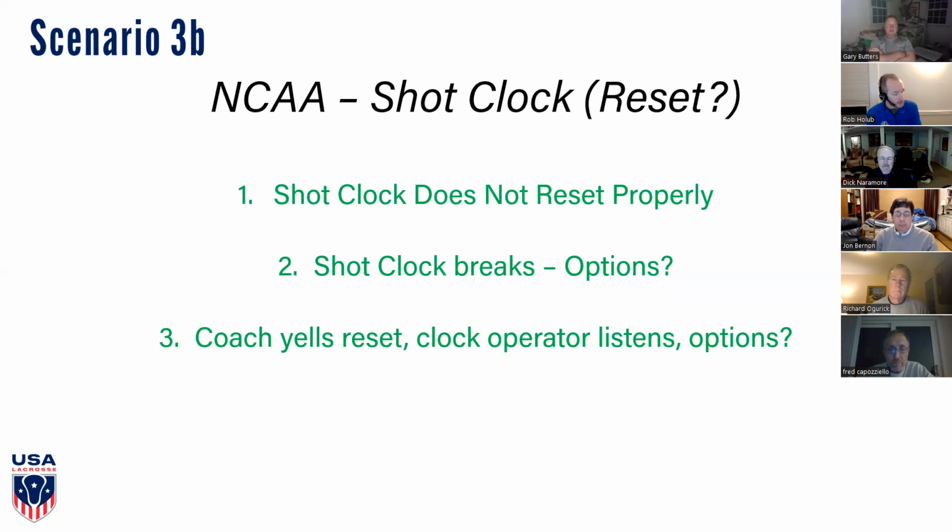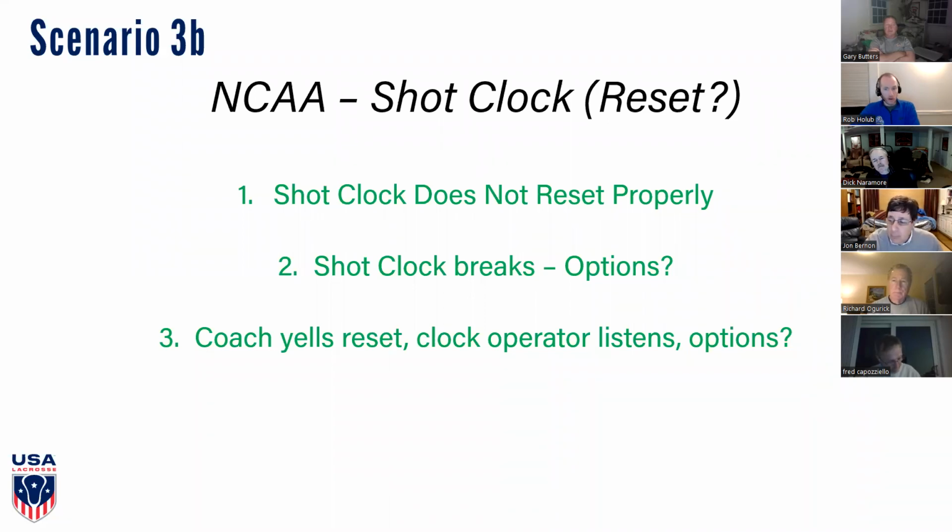So you can allow the play to continue. If it doesn't reset to what we need to, we blow the whistle unless there is an imminent scoring opportunity in progress, meaning that shot is going to the cage. And so you blow it, and it has to go to either 60 or to 80. They have taken out the guessing of numbers at this point. So it's either 60 or 80 on that original reset.